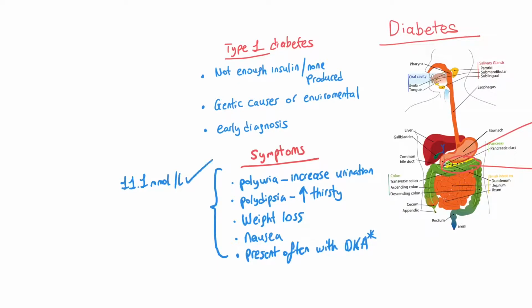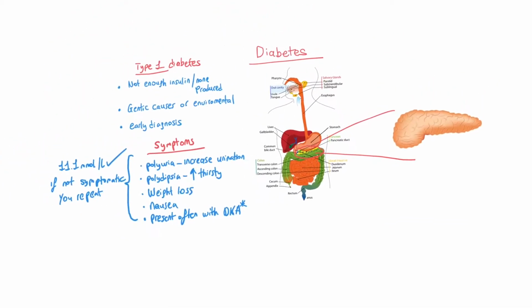So let's tick it. If they're not symptomatic, you have to repeat it or send some blood tests. It's up to you. Obviously, if they're not in DKA, which is a whole ball game. So this is where we are at the moment.